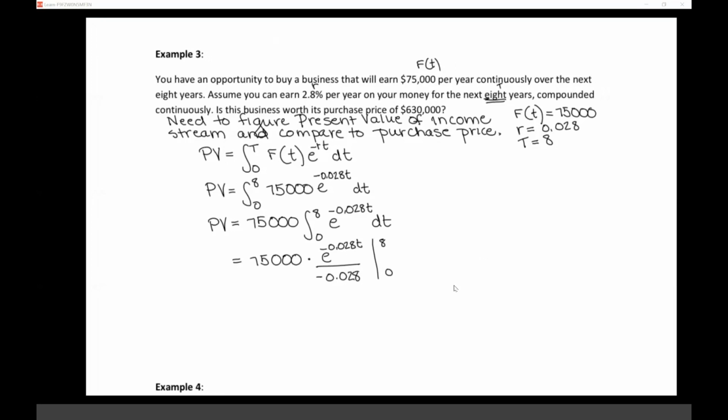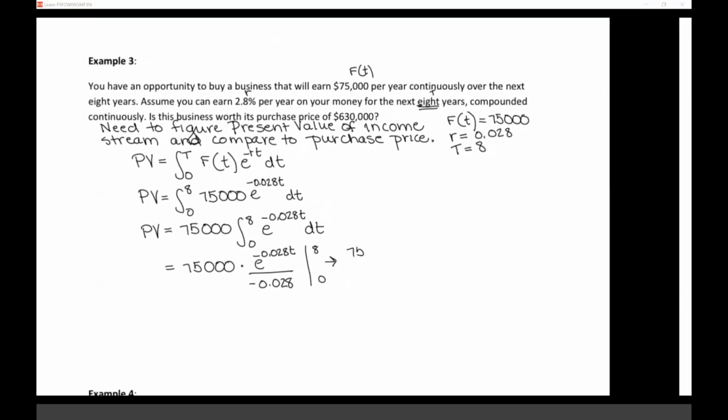Okay, so now what I have is this. I've got 75,000. I'm going to pull that denominator out, because it applies to everything. And then I've got e to the minus 0.028 t evaluated from 0 to 8.